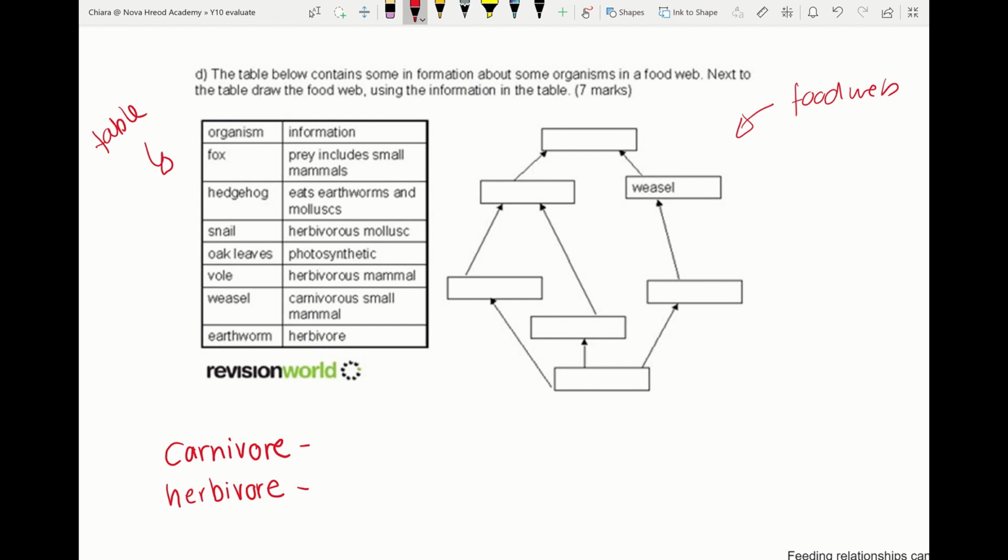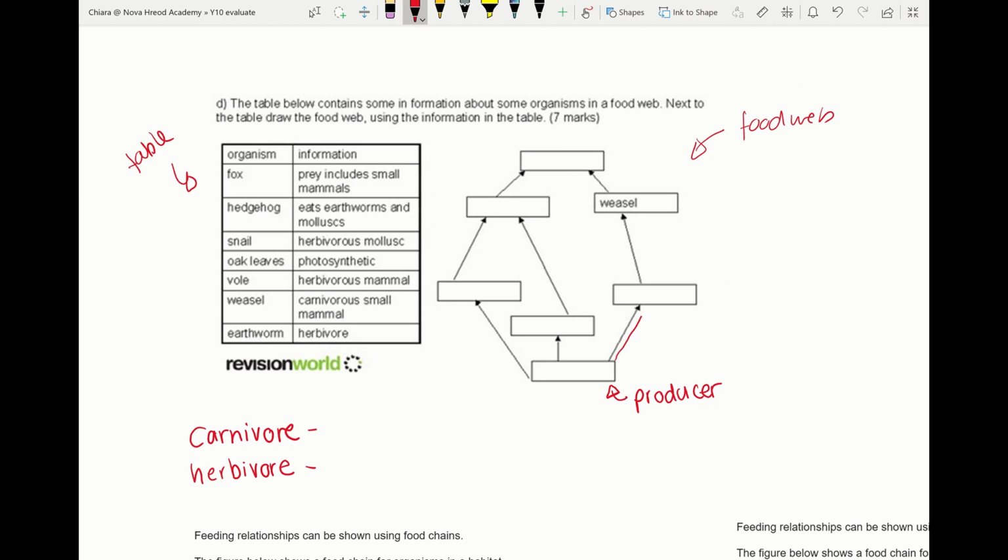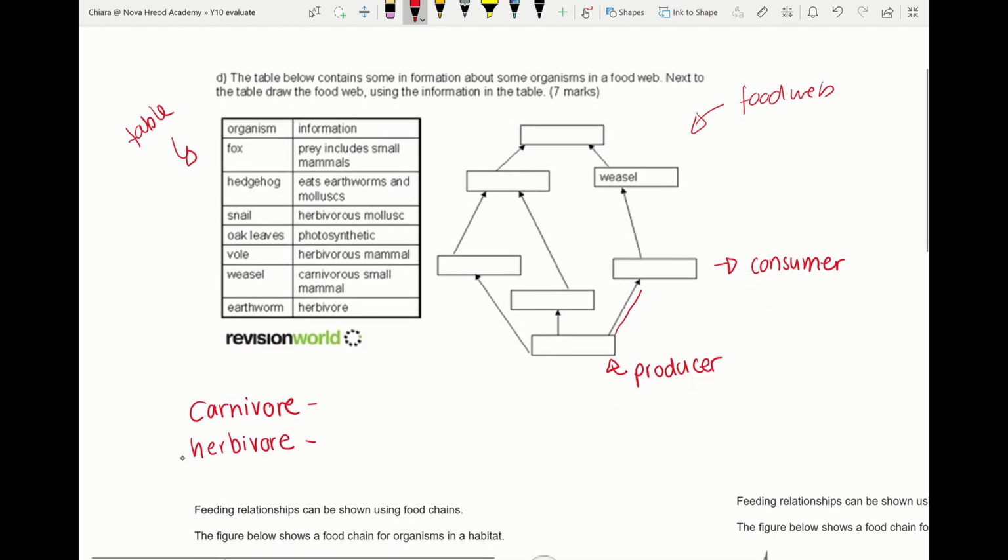If I look at the food web on here, that's the beginning, so I know that this will be the producer. The arrows here tell me which organism will be feeding on this producer. These organisms are called consumers because they are feeding on the plant, the producer. Specifically, the first consumers are called primary consumers.